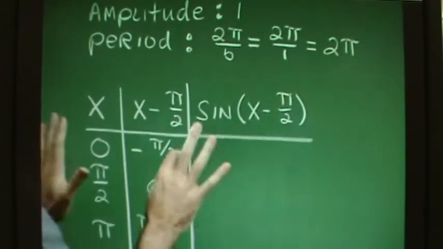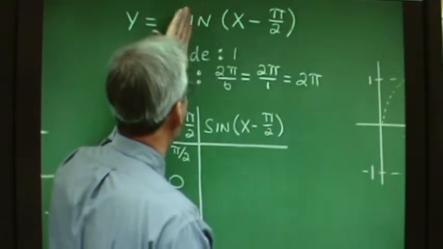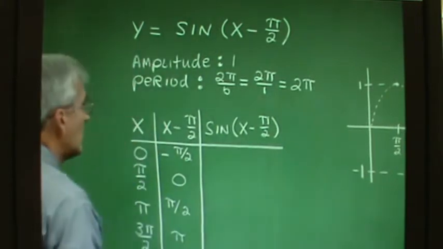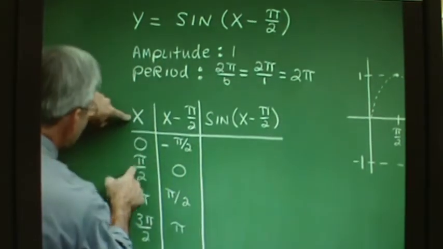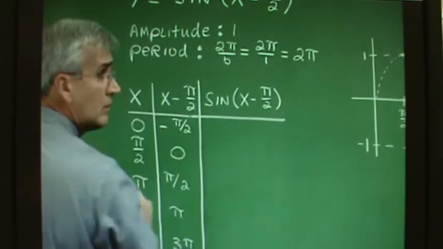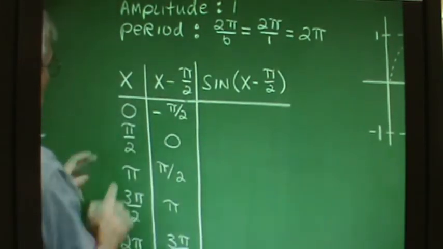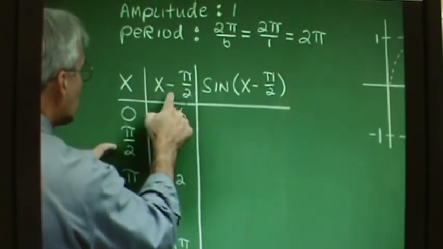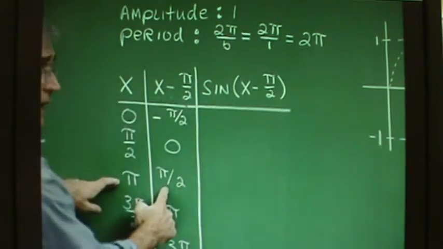Now, the only unpredictable situation is this subtracting of pi over 2 before we take the sine of whatever number we're talking about. So to analyze the situation, we might use x's that we've used before, and now evaluate x minus pi over 2. You see, 0 minus pi over 2 is minus pi over 2. Pi over 2 minus pi over 2, oh, that's 0. Pi minus pi over 2, oh, that's pi over 2.